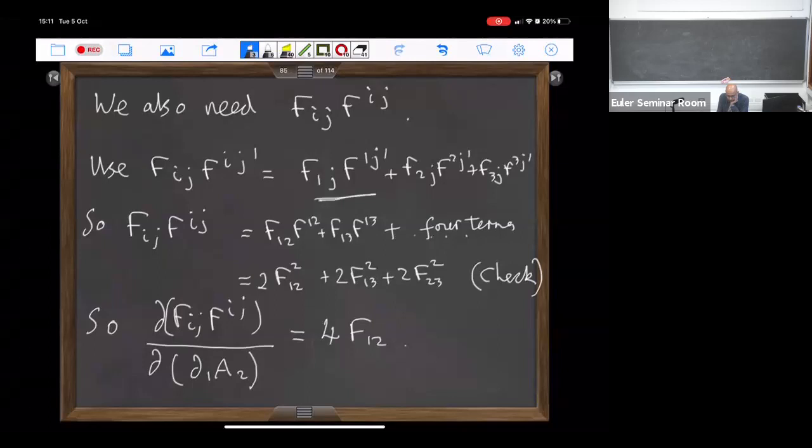Each of these is going to be 2 terms, so this one gives me F12 squared plus F13 squared, and similarly this one's going to give me F21 squared plus F23 squared. So we'll get 6 terms in total, and those 6 terms are actually 2 copies of 3 terms, which are F12 squared, F13 squared, and F23 squared.